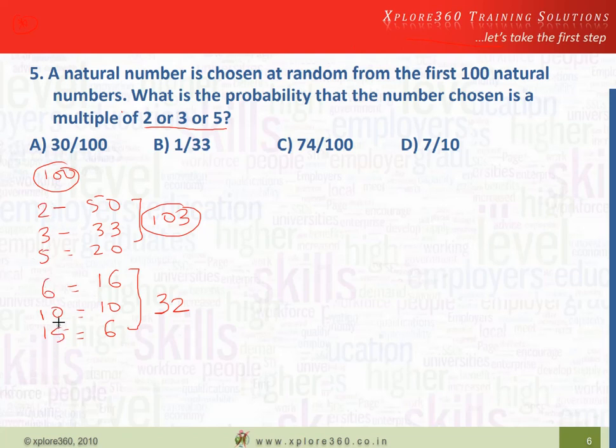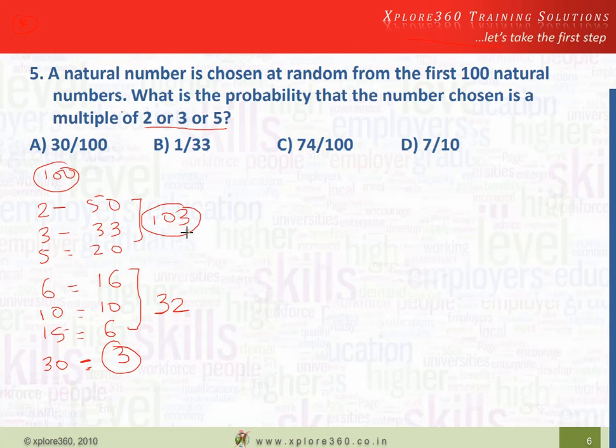Because when you are taking these factors, you are subtracting those numbers twice. So first you find how many numbers are divisible by 30 out of 100 natural numbers. It is going to be 3, and these 3 numbers were subtracted twice, so you have to add them back once, right?